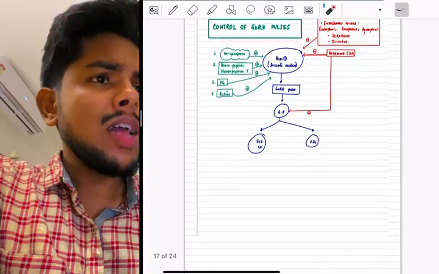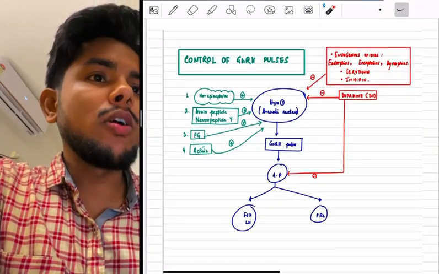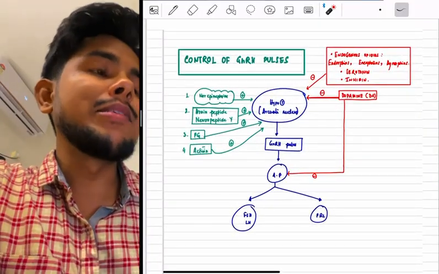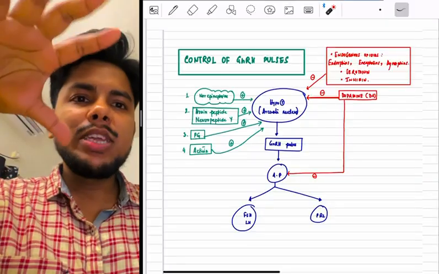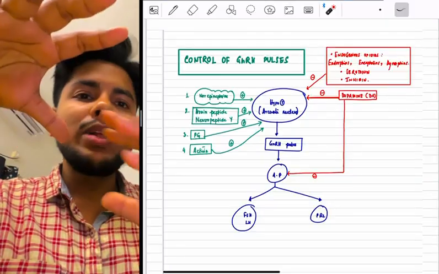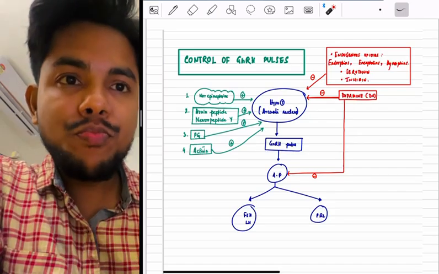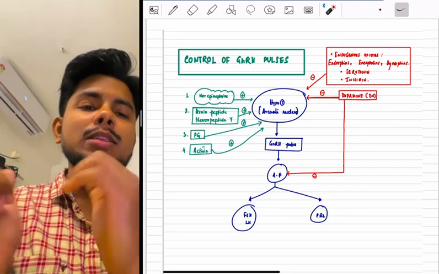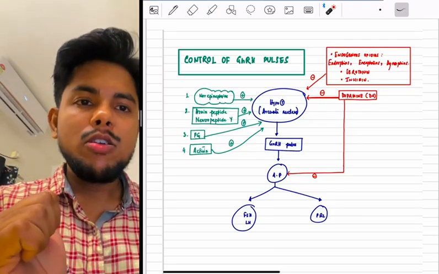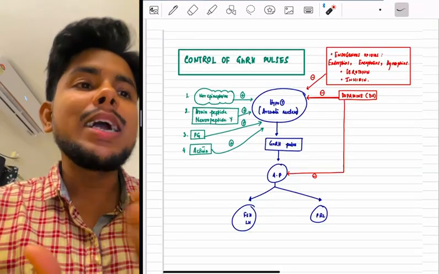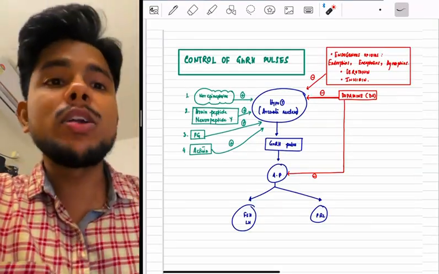Now I'll very quickly talk about the GnRH pulses. Look very carefully. GnRH as well as all the pituitary hormones are released in pulses. They're not released in a basal pattern; they're released in a pulsatile pattern, on demand.